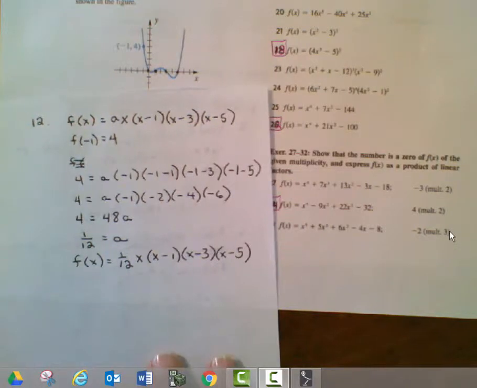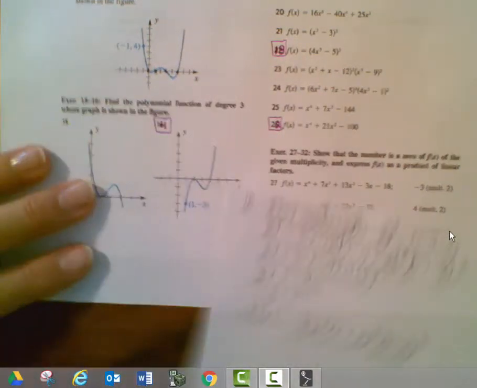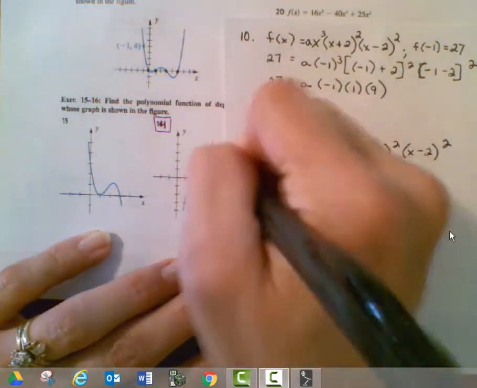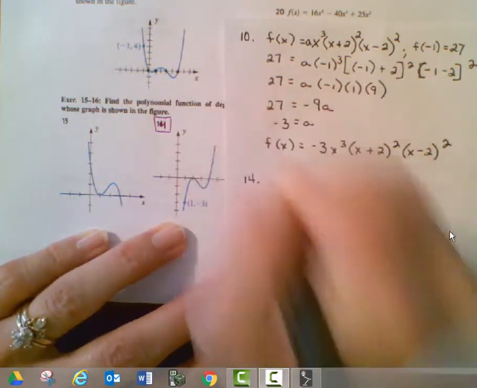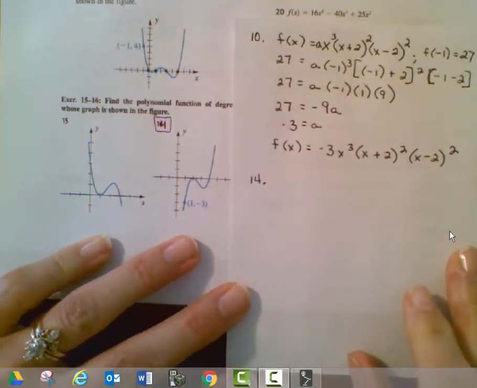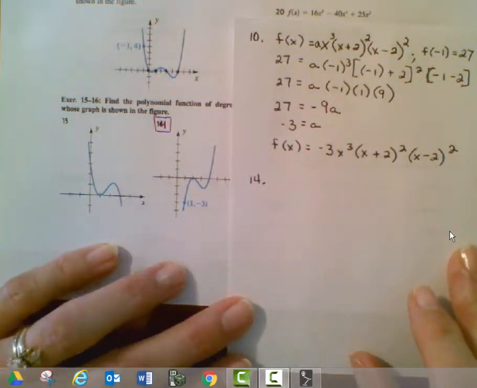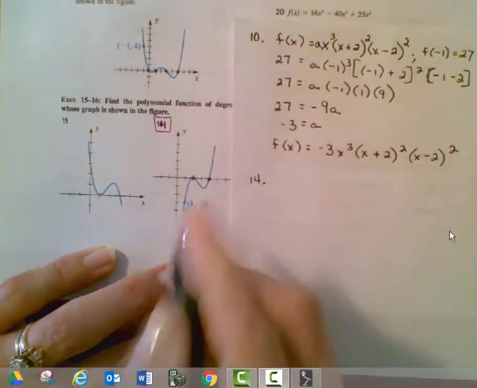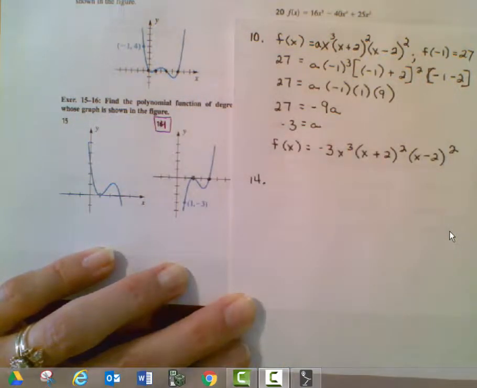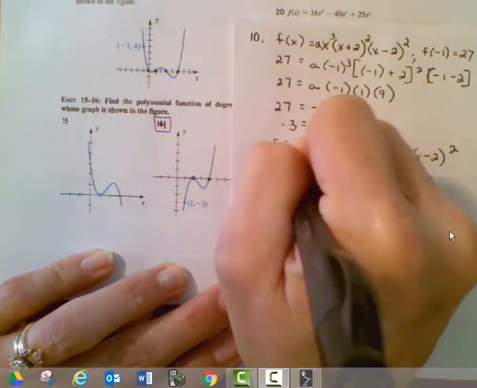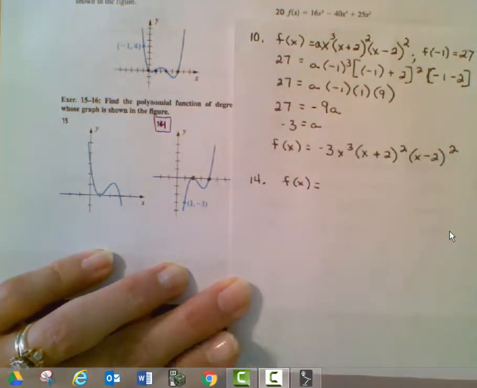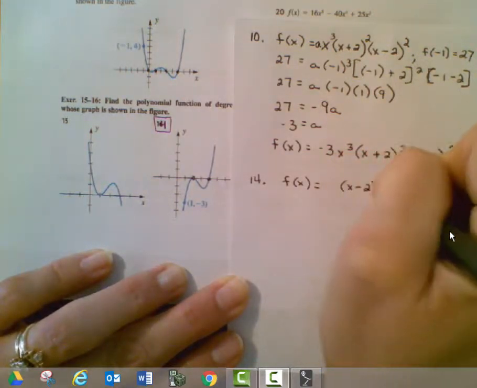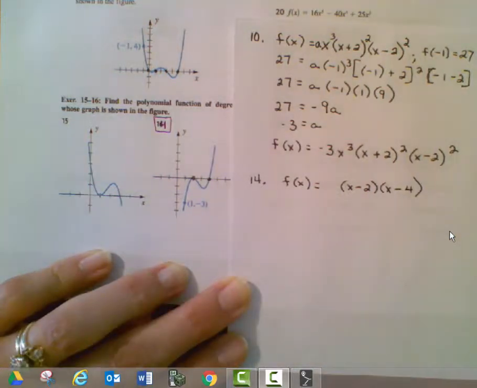All right. The only reason I want to do one more of these is an interesting twist on number 14. Again, we're given the graph, and from the graph we can see the two x-intercepts are 2 and 4, and that means the function that we're looking for has to have the factors x minus 2 and x minus 4.